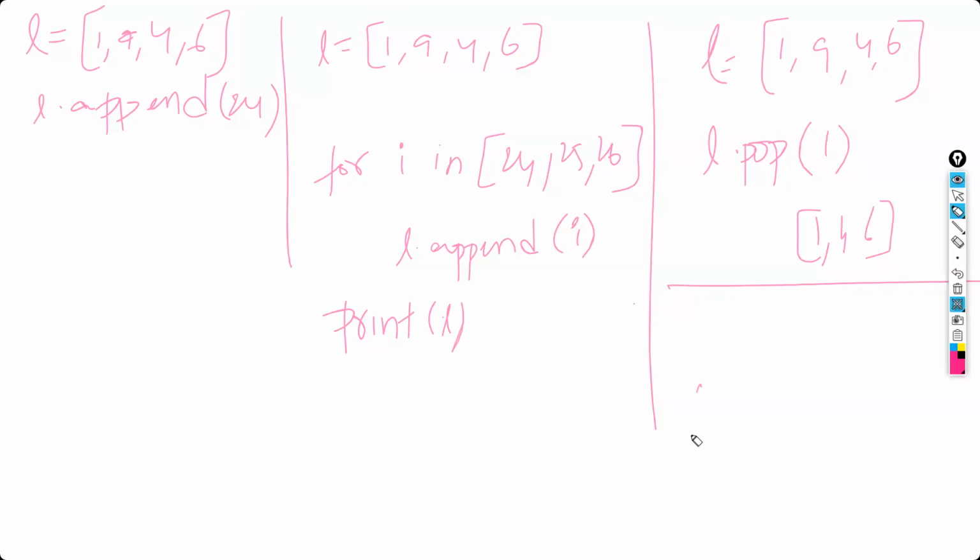Can I write for i not in 0, minus 1, and for the remaining everything, N is equal to an empty list, N.append of L of i? Can I write like this?